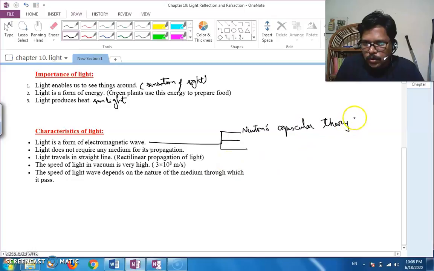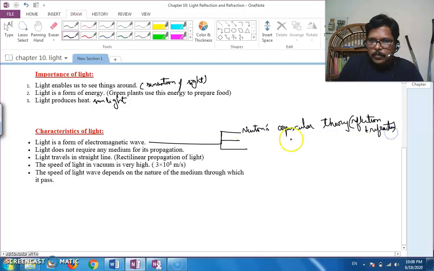So he used this corpuscular theory to explain reflection and refraction.